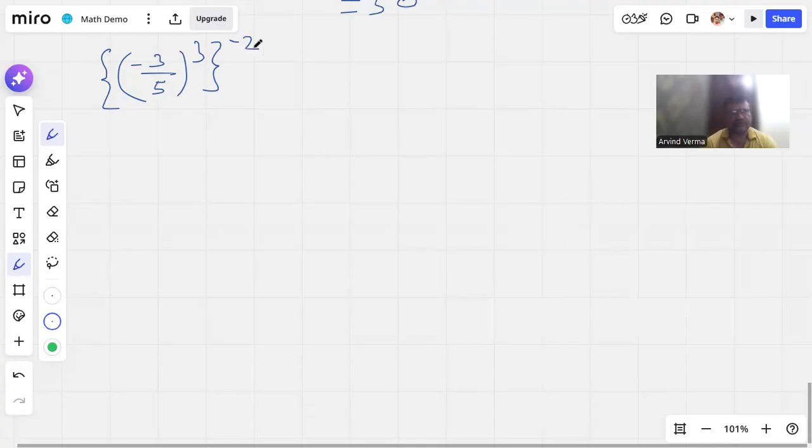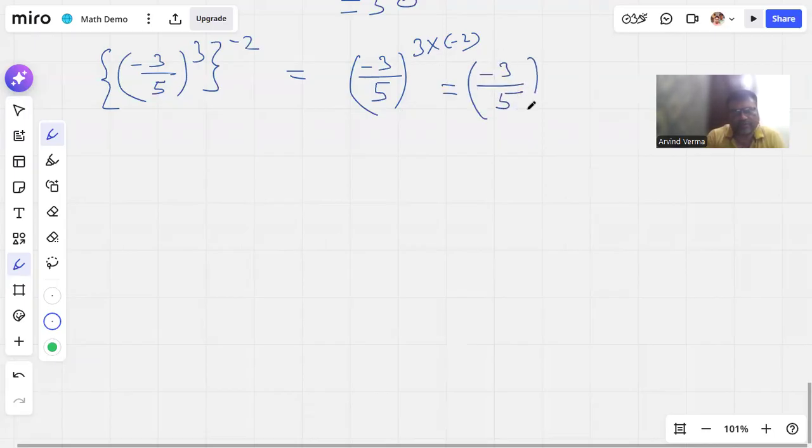So there is power to the power. Power to the power, multiply the exponents. So this will be minus 3 by 5 to the power 3 multiplied by minus 2. So minus 3 upon 5 power minus 6.